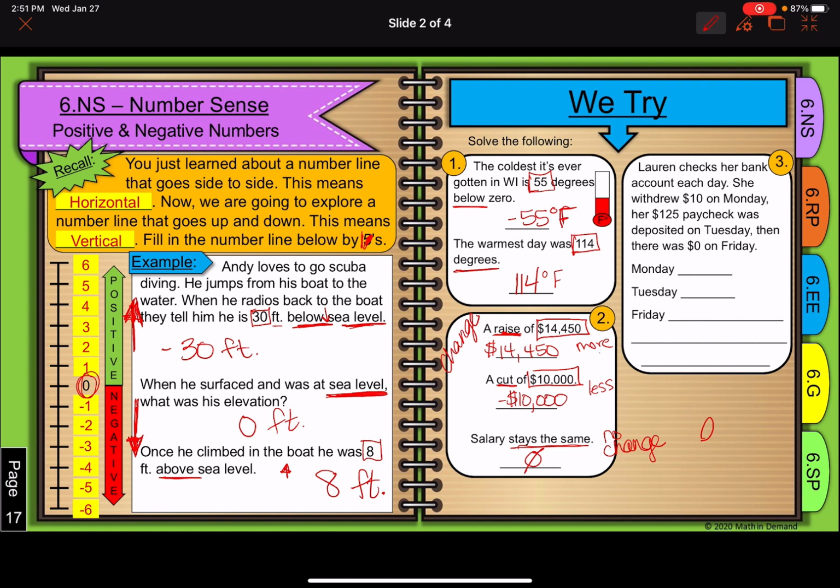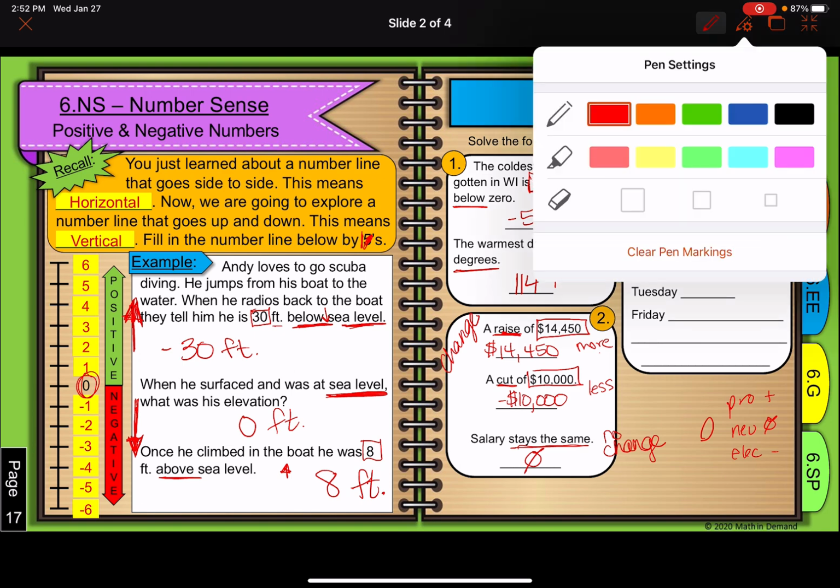Think of it kind of like in science. You have protons, which have a positive charge, you have electrons, which have a negative charge, and then you have those nice little neutrons in the middle that have no charge. No change is going to be your neutron. It's going to be your 0.